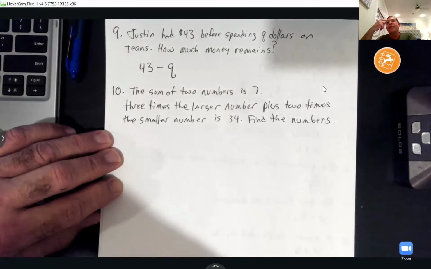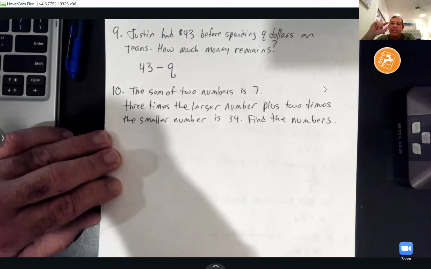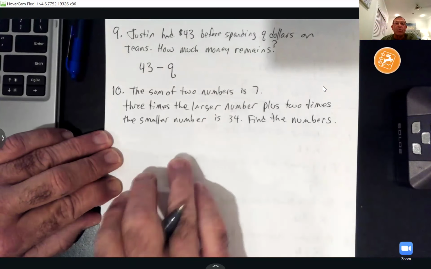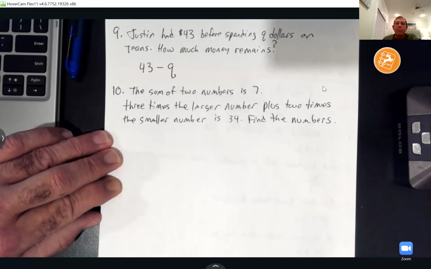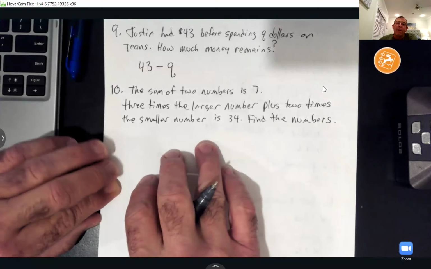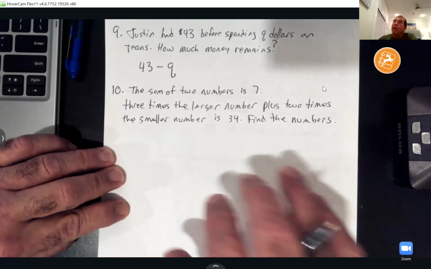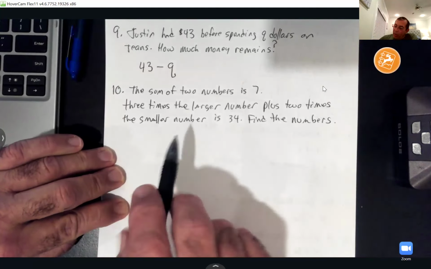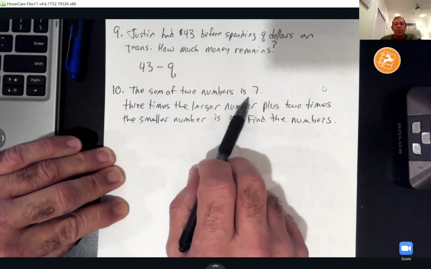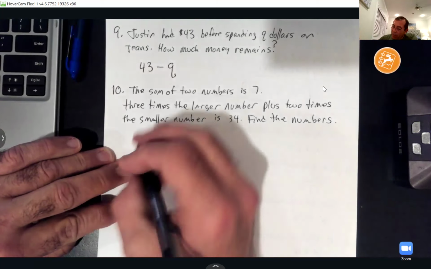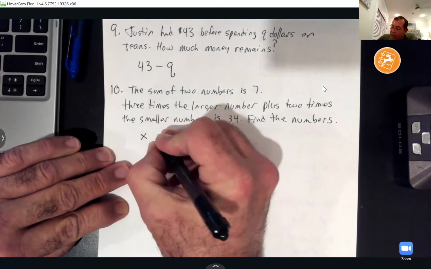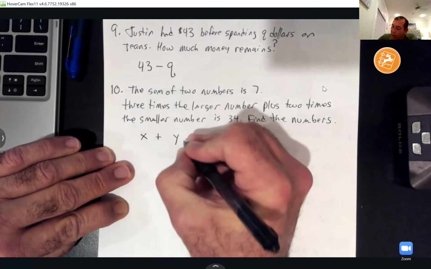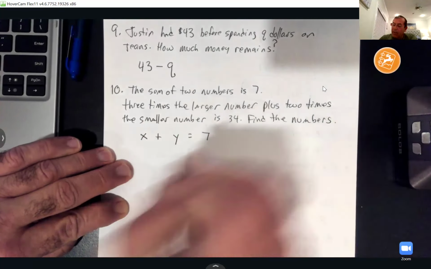So basically, this one's getting you back into the systems of equations, and this is the last one that they had in support. But it's getting us ready for the 3 variable equations in 3.6 when we come back. So how would you write the sum of two numbers? Well, y'all, that could be x plus y equals 7.